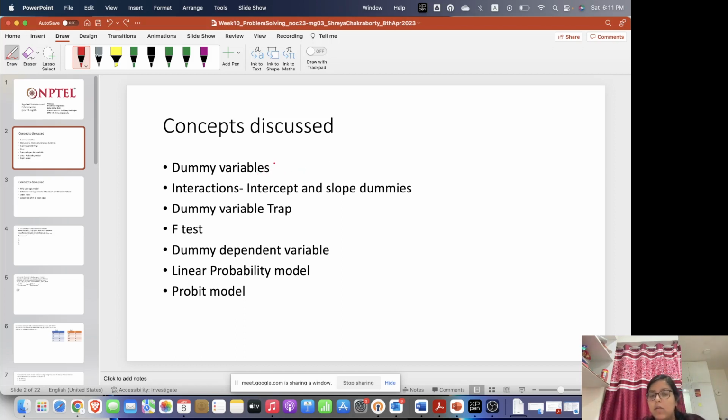So we learned something more on that, and also we learned about techniques that we should use when the dependent variable, or in other words the response, is categorical.